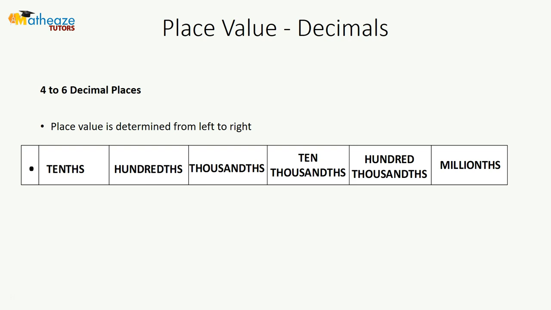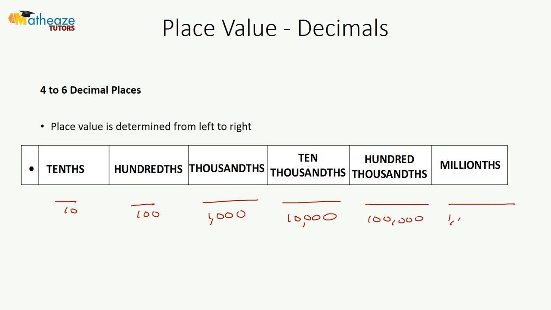Here we have tenths, this is divided by 10, hundredths divided by 100, thousandths divided by 1,000, ten-thousandths divided by 10,000, hundred-thousandths divided by 100,000, and then millionths divided by 1 million.